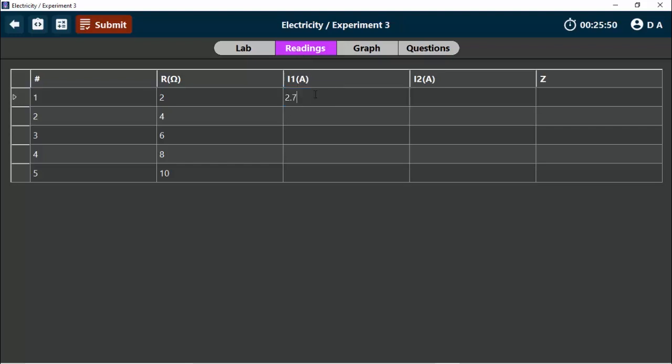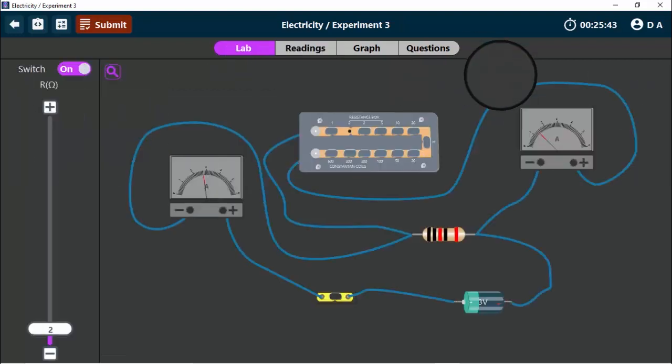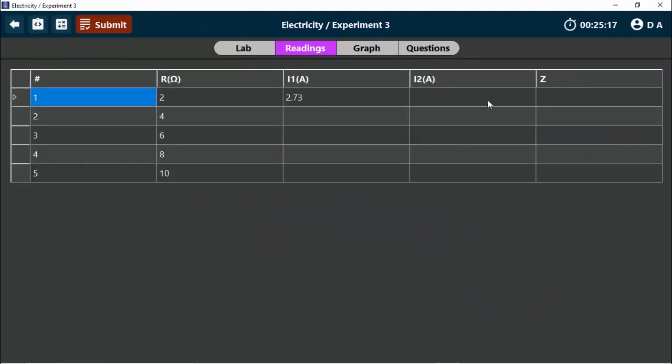The next reading, from the second ammeter, is roughly 1 point. If you count the small lines, you see we have 1, 2, 3, then it's very close to the fourth line. So it's roughly 1.36. Let's say 1.37.